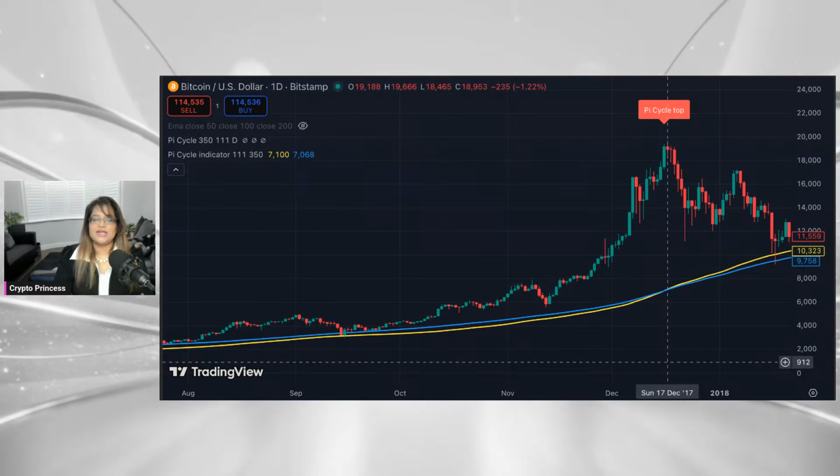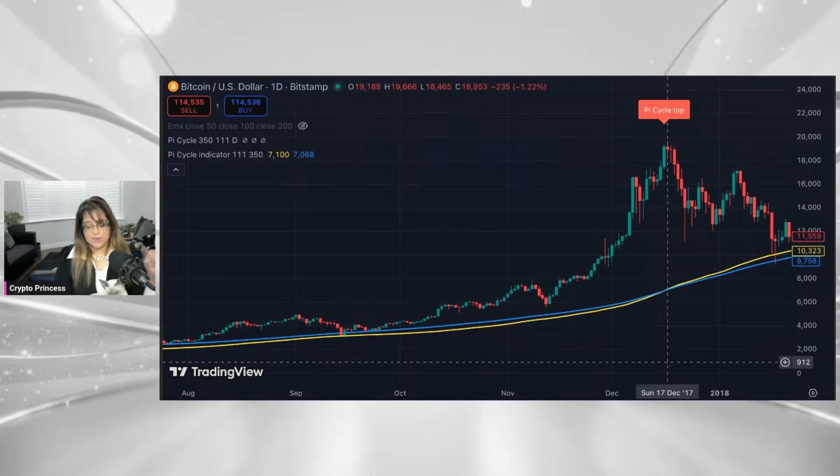Headlines were celebrating startups raising millions in literally minutes using cryptocurrency. And you had the Pi cycle top. It indicated that the market was overextended. It signaled extreme bullish sentiment, warning of a likely correction.